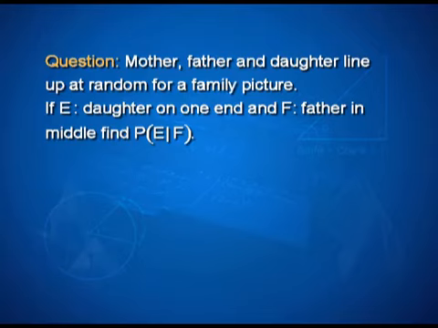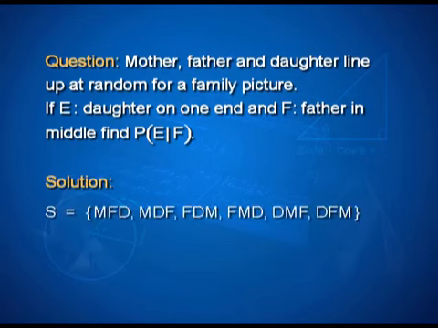So, if I have three persons, mother, father and daughter, which I can represent as M, F and D, lining up, it basically is permutation of M, F and D, and there are 6 ways that they can be lined up. Now, we are given that the father is in middle, right. So, that means these are the only 2 possibilities that have been known to have occurred.